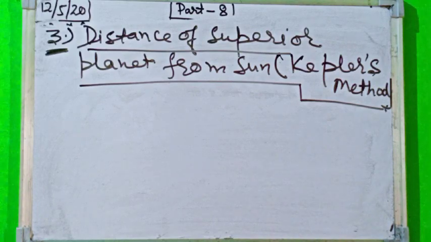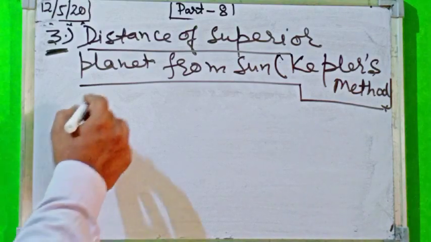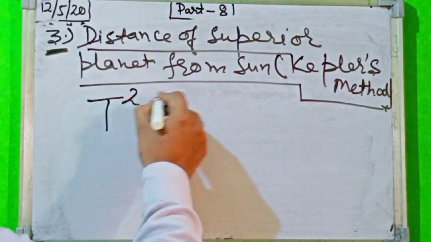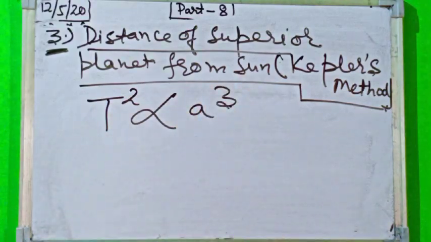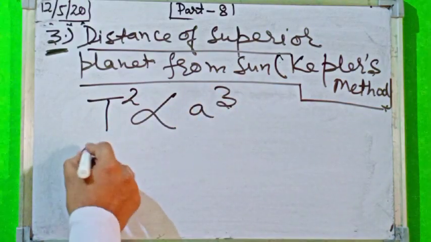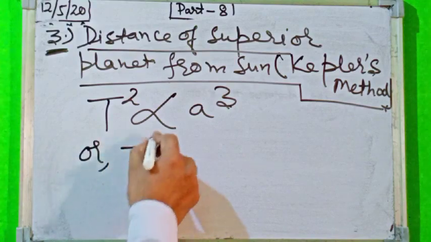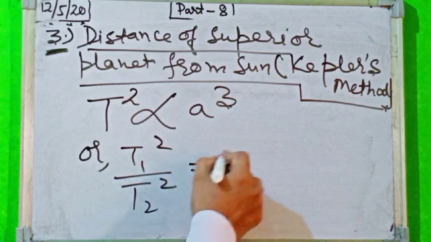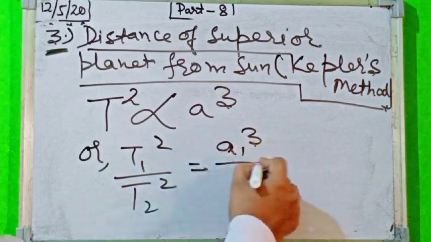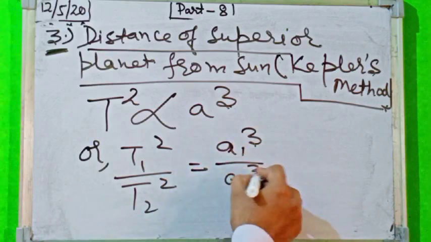This law of periods tells that the square of the time of revolution of a planet around the sun is proportional to the cube of the semi-major axis. That is, T square is proportional to a cube of the semi-major axis. And from here you can say that T1 square upon T2 square is equal to A1 cube upon A2 cube.